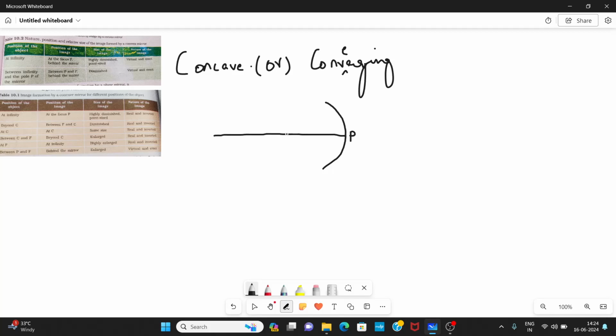This is my pole, this is my focus, and this is my center of curvature. As we have discussed, PC is R and F is equal to R by 2, or R is nothing but 2F. This we have already discussed, right?